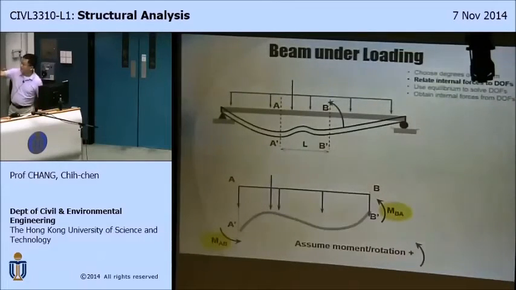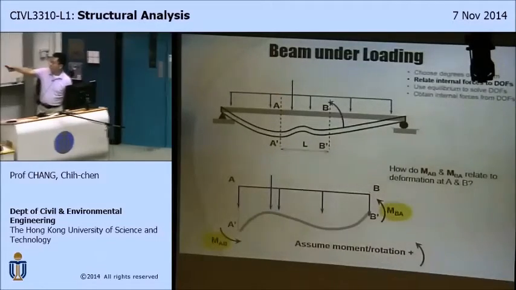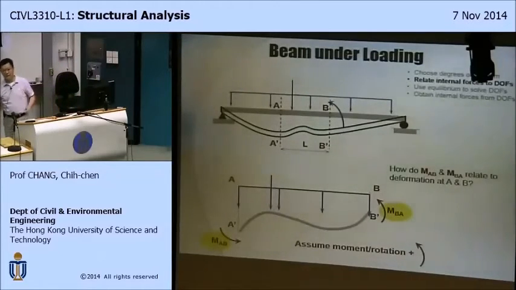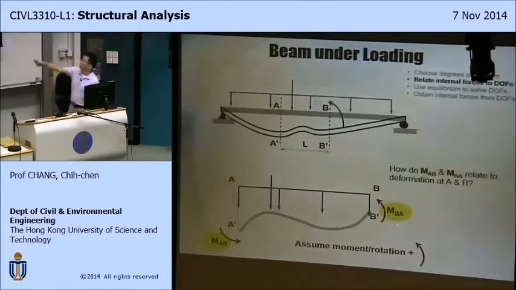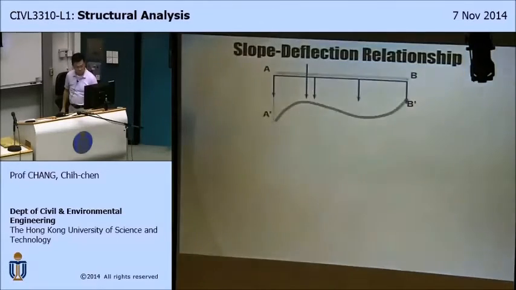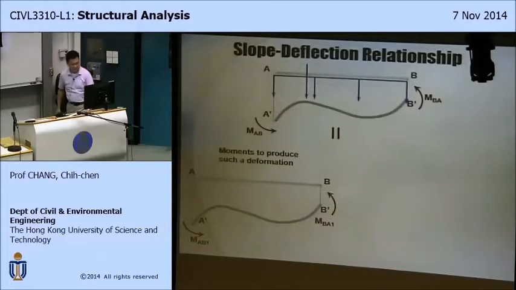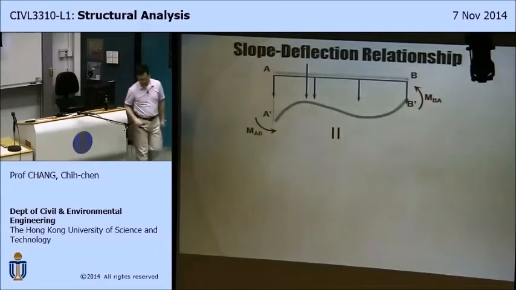I want to relate the end moments to the degrees of freedom that I see at point A and point B. I want to relate this to the degrees of freedom at A and B. OK, so what are the degrees of freedom at A and B? Well, later on, I'll show you.